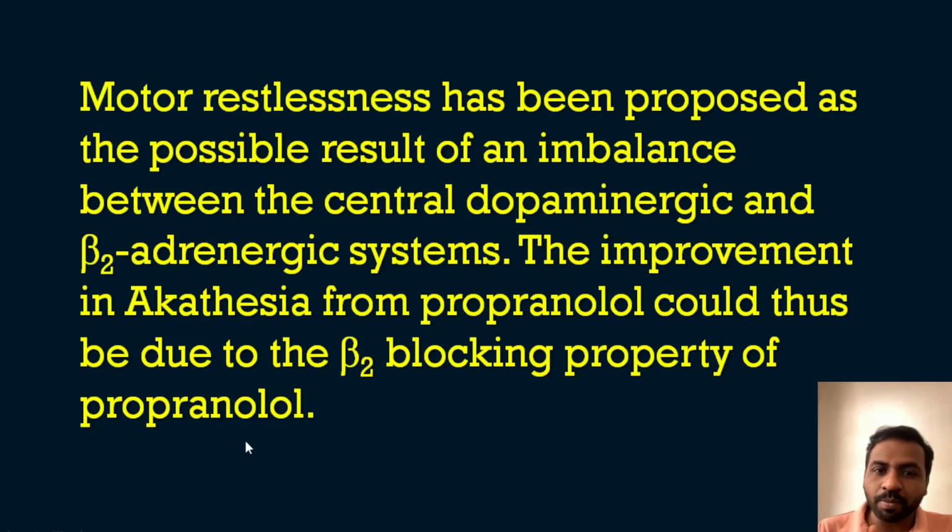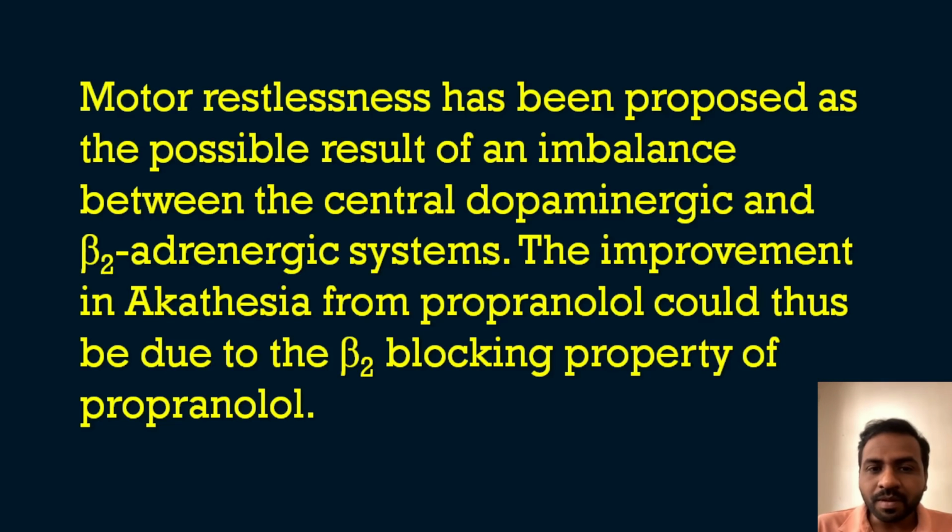We know that propranolol is a beta blocker, and thereby it reduces the motor restlessness happening in akathisia. Apart from propranolol, there are studies showing benzodiazepines can be used on a short-term basis for acute akathisia. But some other studies have shown that benzodiazepines over a period of time can cause akathisia also. So the answer for our question is propranolol.